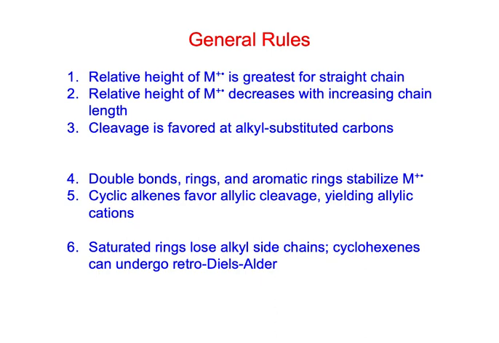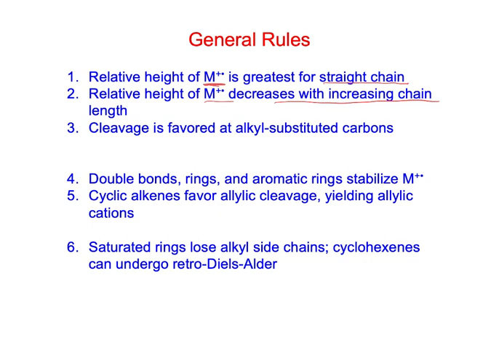Okay, so the relative height of the molecular ion is greatest for a straight chain alkane, and it decreases with increasing chain length. It would also decrease for branched alkanes, because we have a more easily formed ion, so the molecular ion doesn't stick around as much.